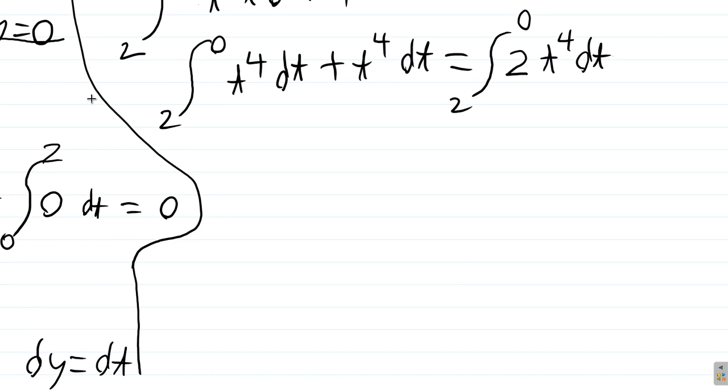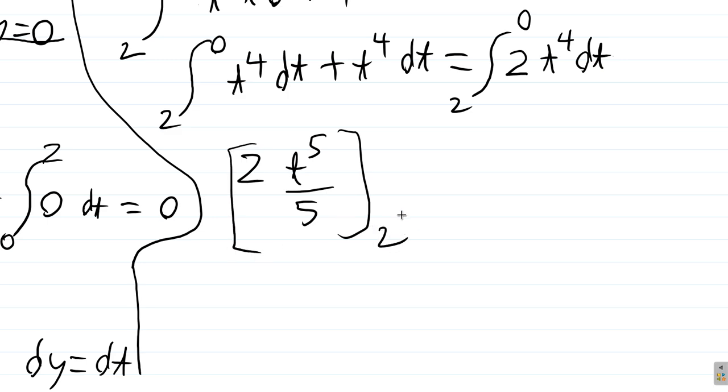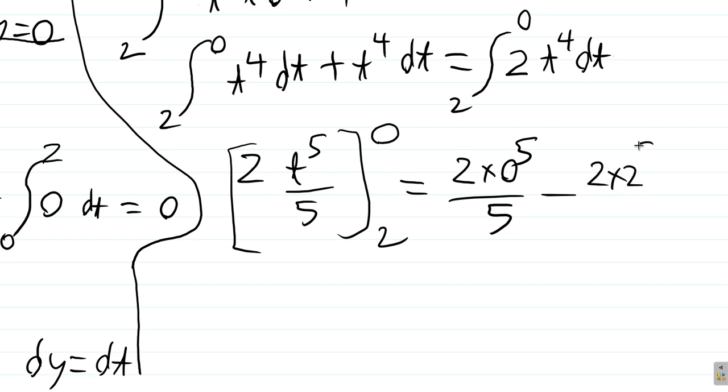So here, we say 2 t to the power of 5 over 5, and we're going from 2 to 0. That will be equal to, 0 being the upper boundary, 2 times 0 to the 5 over 5 minus the lower boundary, 2 times 2 to the 5 over 5.